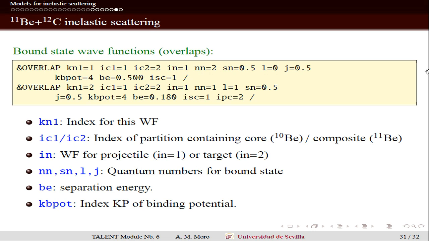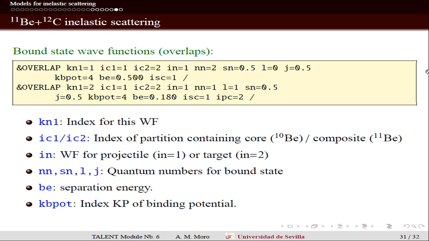So now Fresco has the binding potential, but we have to tell also what are the quantum numbers that define this state. Remember, in our model, we described the ground state as a neutron in a 2s 1/2 orbital coupled to the core 0+. This is specified in this overlap namelist that we haven't used so far.